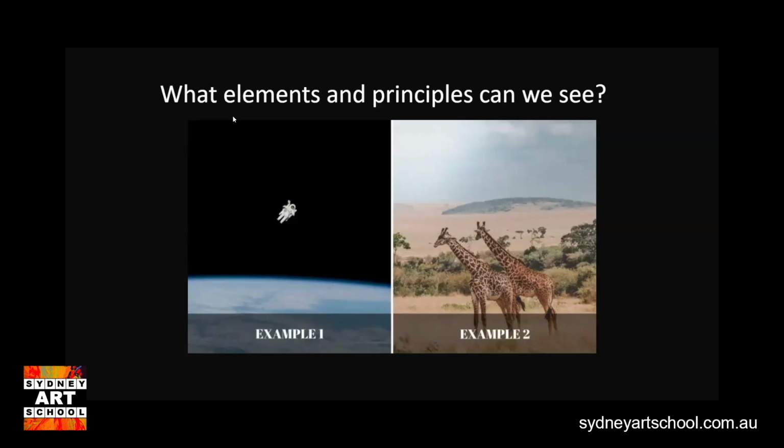But the more we can get into the habit of identifying these elements and principles, the more we can think about deliberately including them in our own work. So yeah, that's good. We've given a couple of examples for the first one. What about the second one? I can see a few things in there that catch my eye.